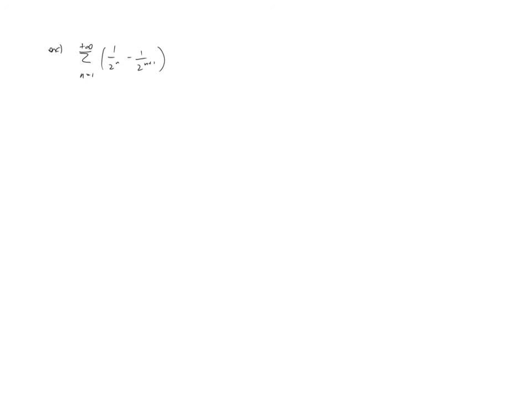We know that S sub n is just the nth partial sum from i equals 1 to n. So now we're going to have 1 over 2 to the i minus 1 over 2 to the i plus 1. Double check the notation from the previous screen if you need to. We're now going from i equals 1 to n, so these would need to be our i values there.